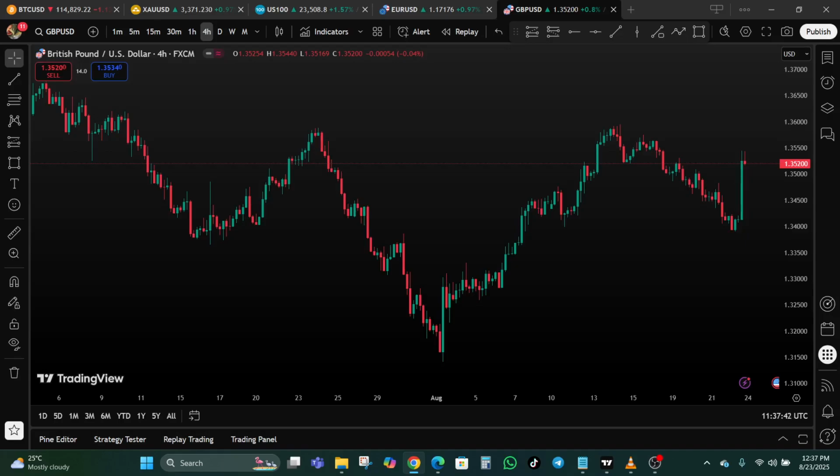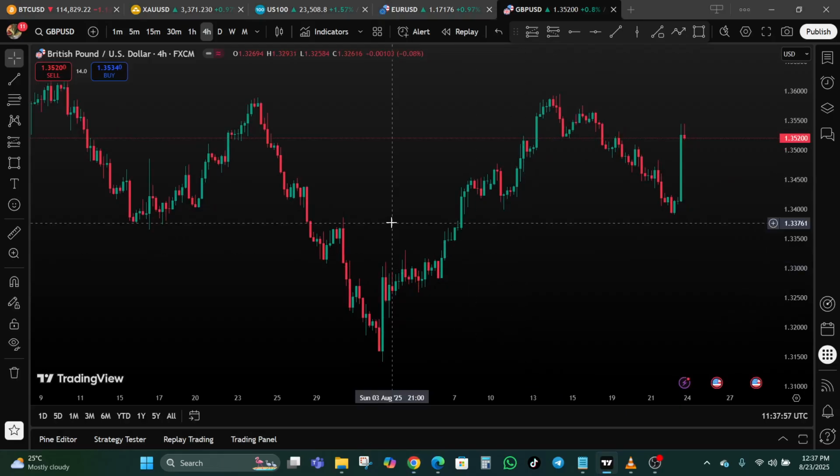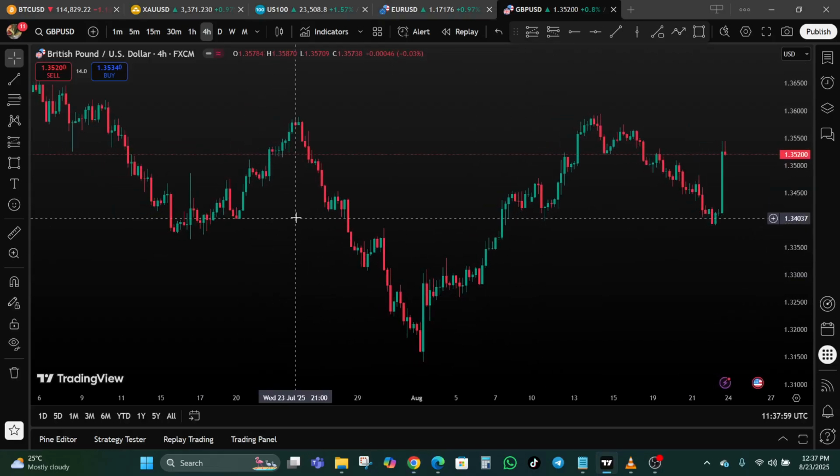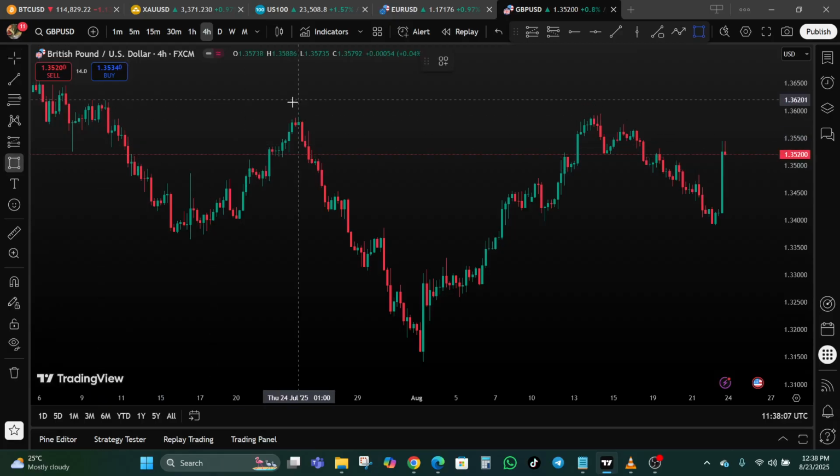Draw on liquidity refers to the idea that price is attracted to areas in the market where large amounts of liquidity are resting. Liquidity is created by stop losses, pending orders, or clusters of traders entering at obvious levels.